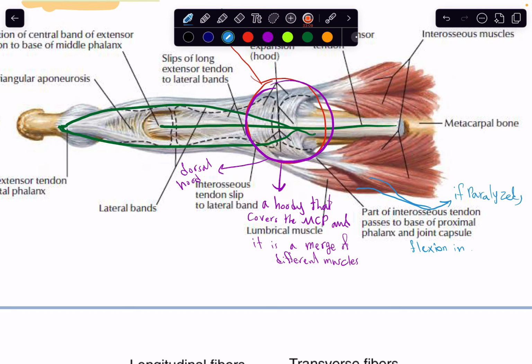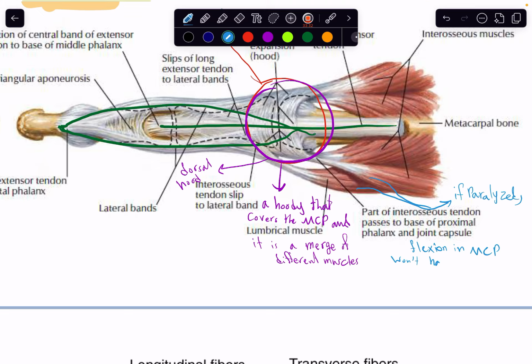So what will happen? It will extend at the metacarpophalangeal joint, with flexion at the distal and proximal interphalangeal joints. And the picture would be like this. Extension in these two areas, and these two areas will be flexed. These two not.